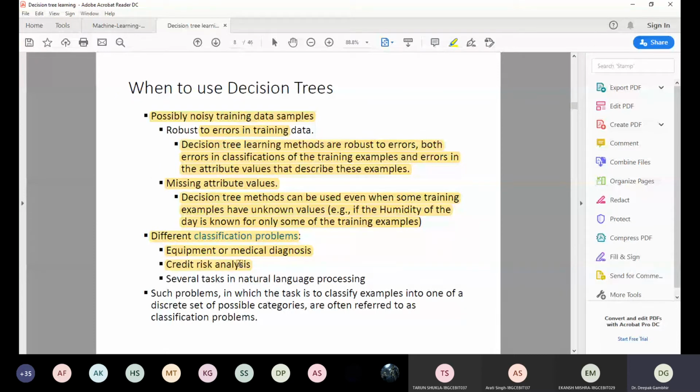Suppose a credit card is to be given to some person; whether it can be given or not is also checked with the decision tree on the basis of history, whether he has paid his EMIs on time, what his risk appetite is, and what his salary is. On this basis, the credit card decision can be taken.